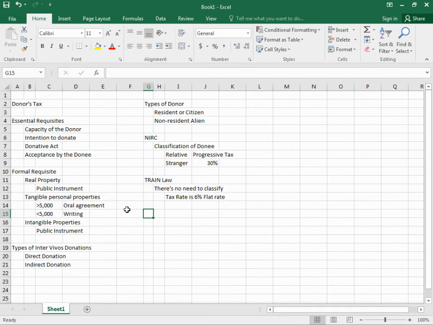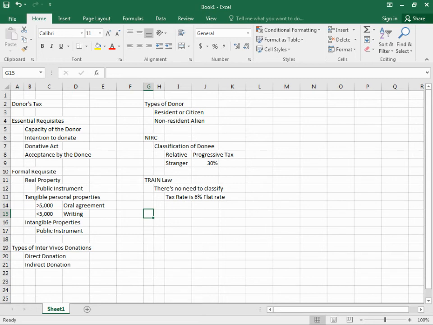But is it an illegal donation? Bahala na yung ating court to decide on that matter. But as to the tax on that donation, it is a non-taxable donation because it is for an election campaign.